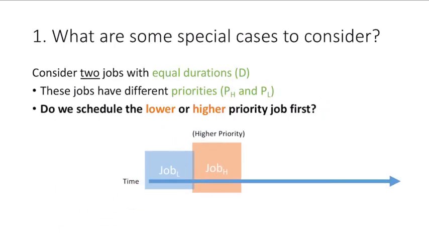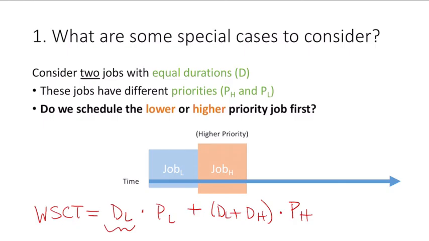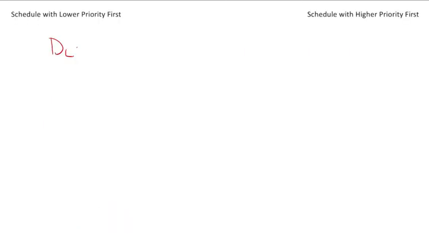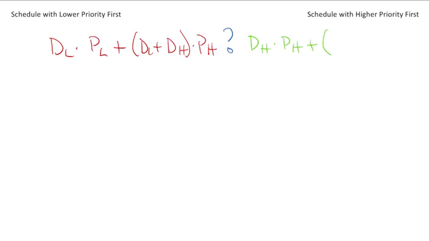We have the schedule with the lower priority job first, and for that we had DL times PL plus DL plus DH times PH. And we want to know, how does that compare to our schedule with the higher priority job first? For that we just switch the order. So we've got DH times PH plus DH plus DL times PL.